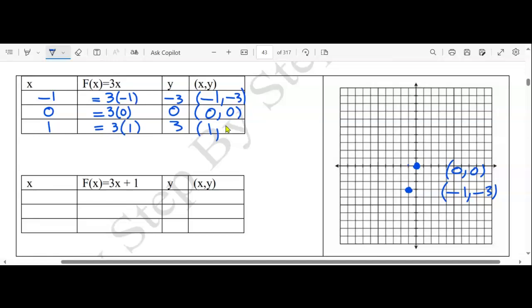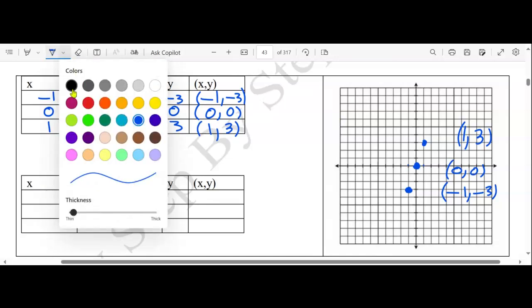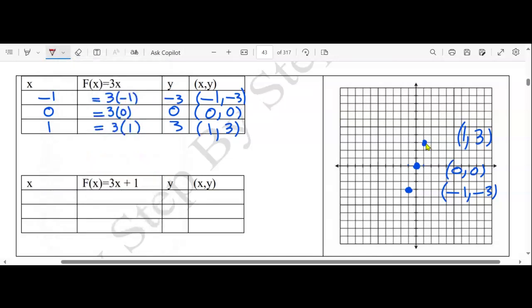So it's going to be 1 and 3. Where is 1? Here. Where is 3? Here. And then you connect the points. It makes what? Makes a straight line. Clear? Now let's do the next one.